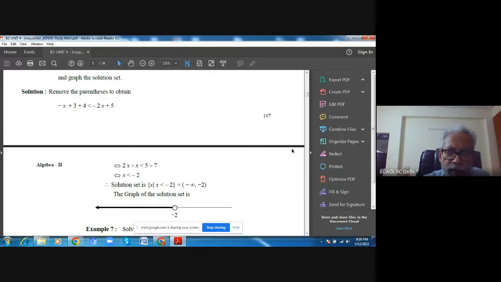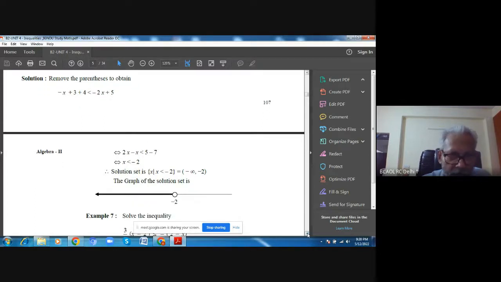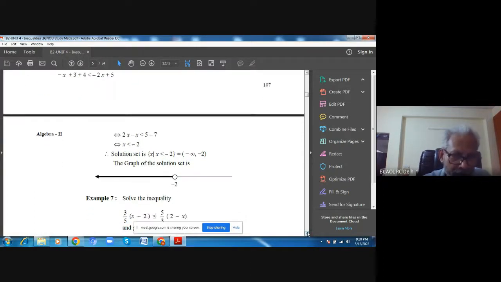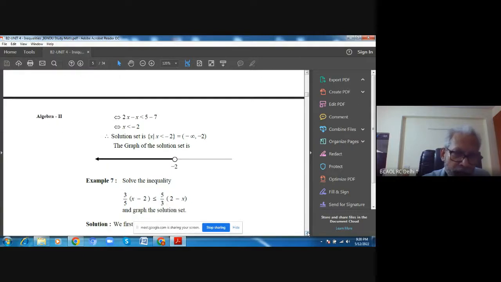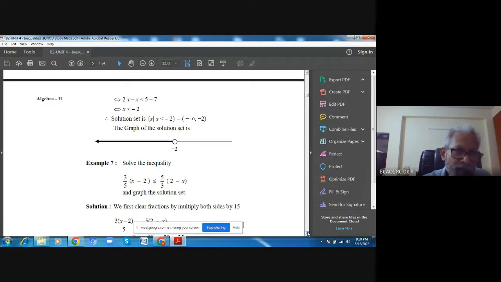Now in this case, there is no negative multiplication. So as usual it comes, no change. So we just have to be careful at the time of multiplication whether it is negative or positive. Based on this, it will be reversed. But in the case of addition and subtraction, it doesn't matter.